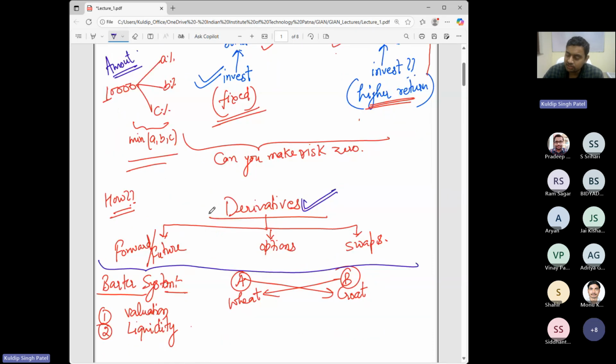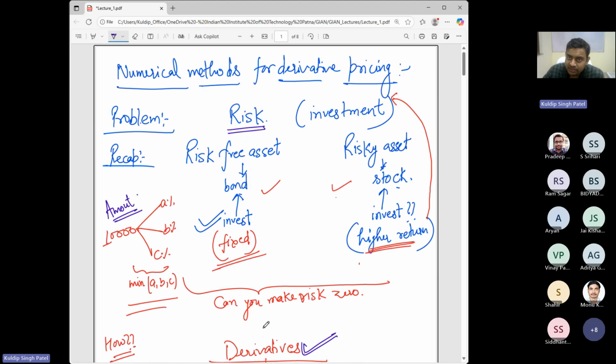Then the next question suddenly comes to our mind, what are derivatives? So I said immediately that derivatives are future, forward, option, swaps. But we have not gone into detail, what is forward, future, what is options, what is swaps? Once I explain the derivatives, then I'll explain how to price those derivatives. Price means we all know, right? Value. If we say that the price of this pen is 100 rupees, that means the value of this pen is 100 rupees.